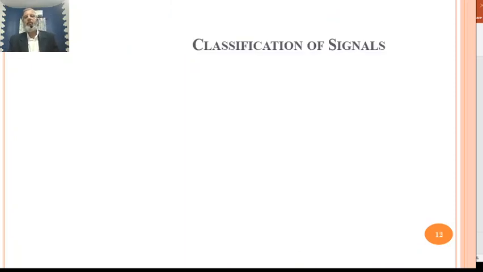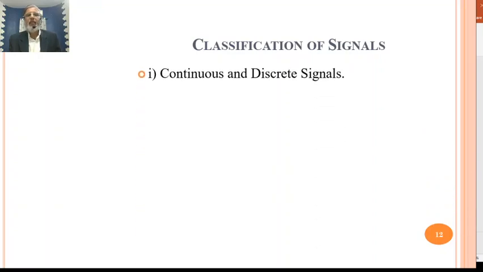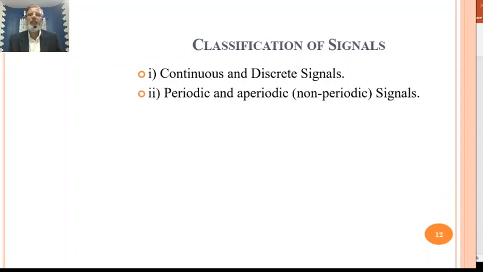Then, classification of the signal based on the nature and the characteristics. Signals are classified as continuous time signals and discrete time signals, periodic signals and aperiodic signals. Aperiodic signals are also called non-periodic signals.